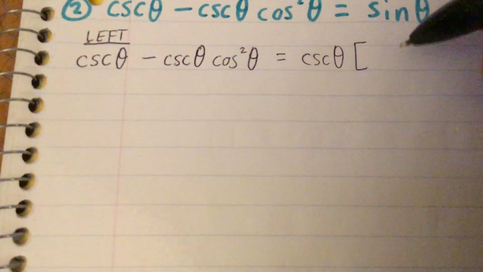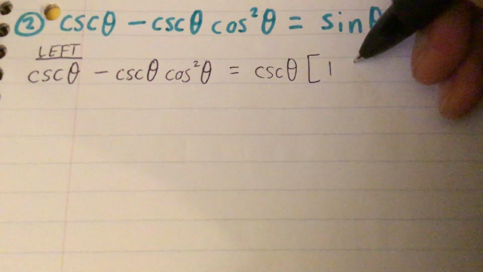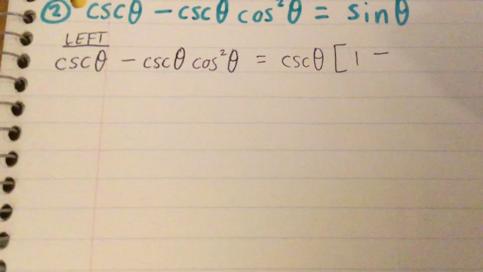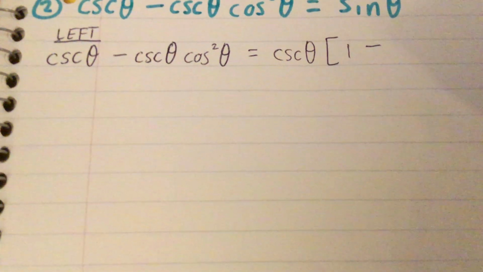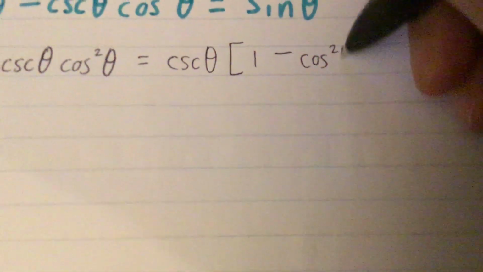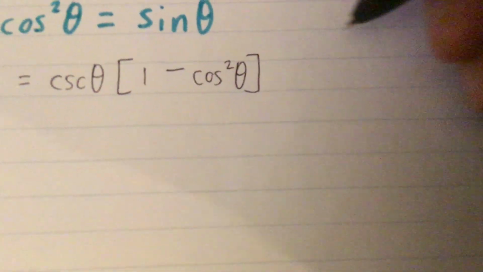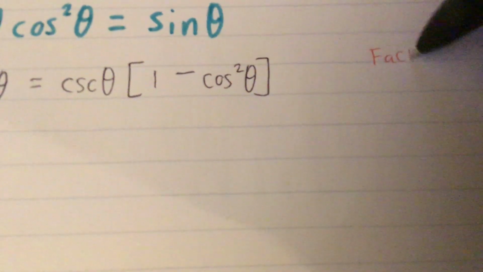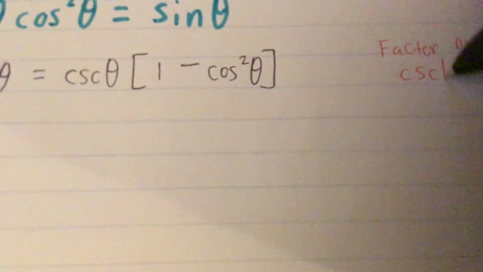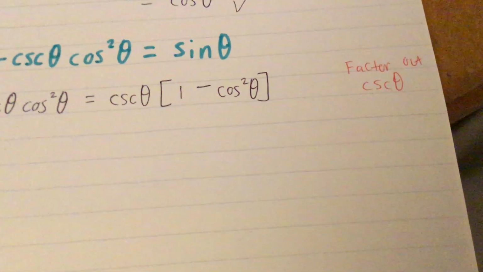Remember that cosecant of theta times 1 is cosecant of theta. Cosecant of theta times what is negative cosecant of theta cosine squared of theta? And all I did here was factor out cosecant of theta. So now that I've done that, cosecant of theta gets factored out.